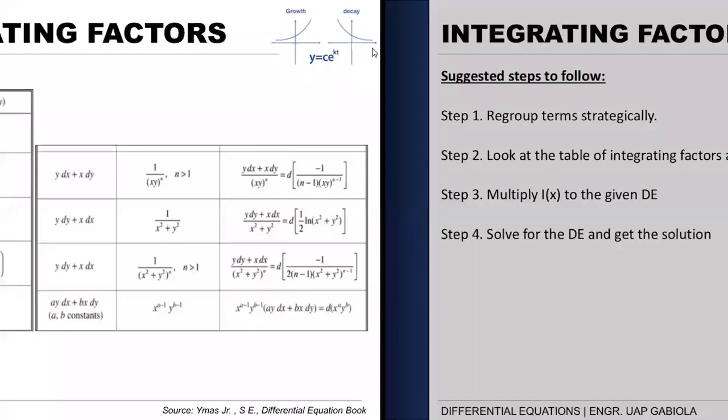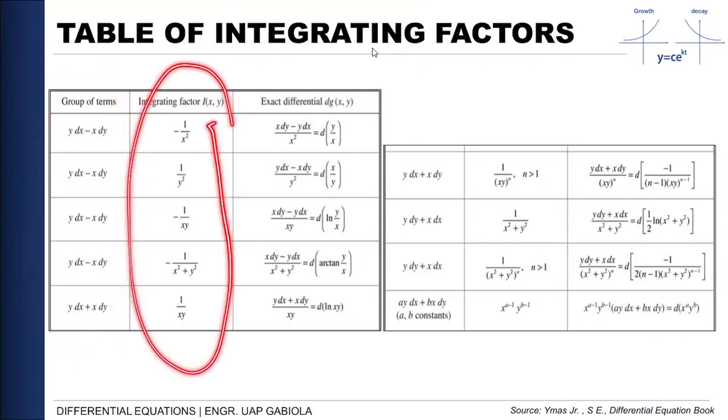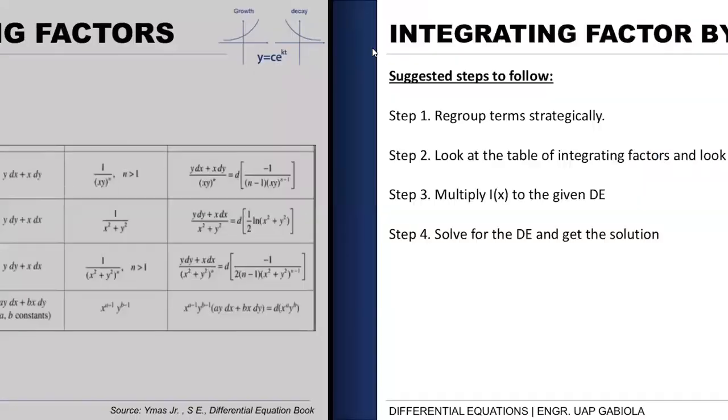Kaya nga dito sa table of terms natin, meron tayong mga group of terms, okay? So, ang pwedeng goal natin, mapalabas natin tong mga group of terms na to para dito na lang tayo pipili ng integrating factor. Okay? Kaya yun yung goal, kaya nagre-regroup tayo.